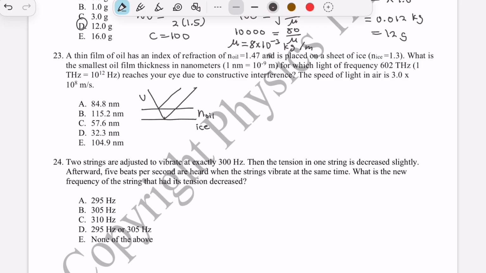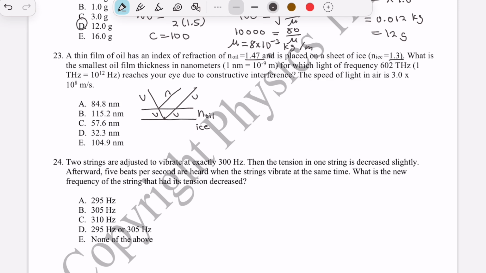Because oil has a higher n than air, this is going to flip around. Then, because ice is 1.3 and oil is 1.47, if it hits something with a smaller index of refraction, it's not going to be inverted because it's treated as a free boundary. So that's what our diagram looks like.